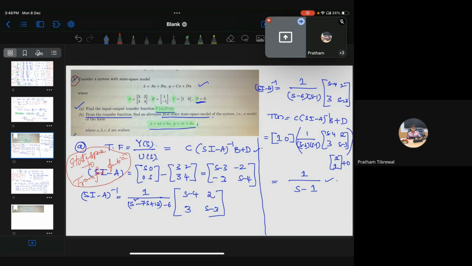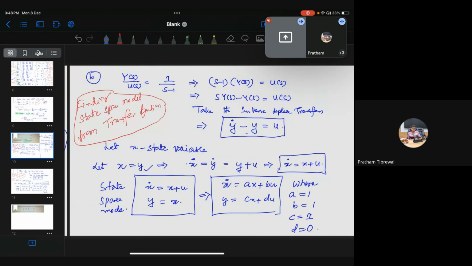So what is the main observation here? Can you tell me? Here the main observation is what we are doing basically. We started with the state space and found the transfer function, okay.